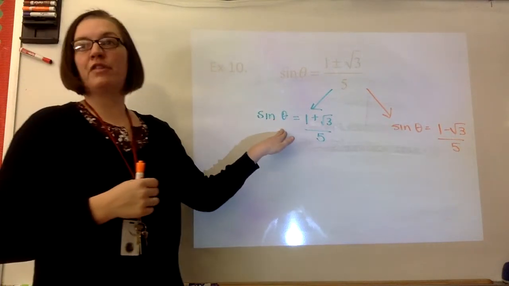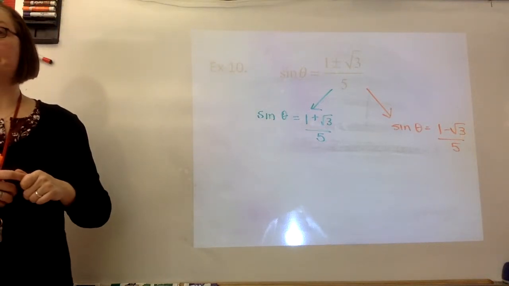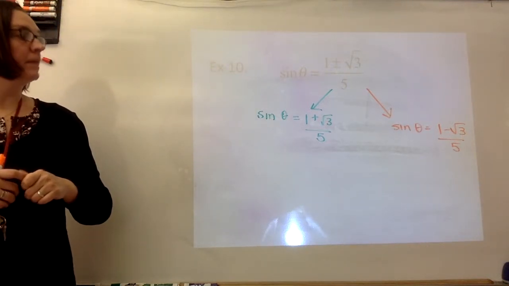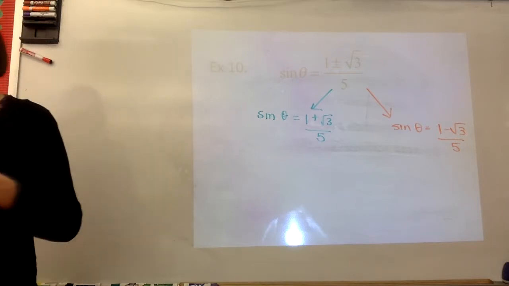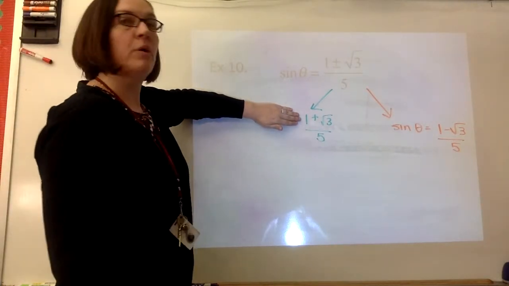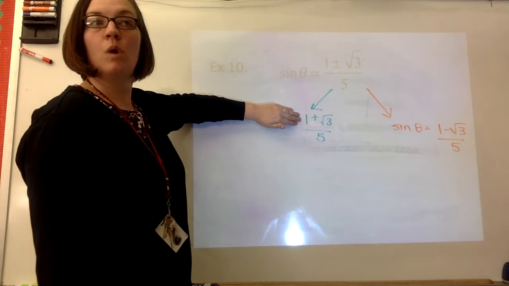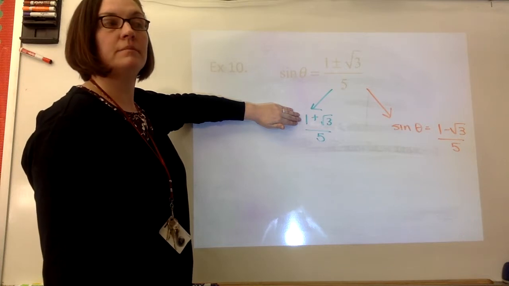How do we solve for theta using our calculator? And it involves sine. Inverse. So in your calculators, please take this out. We're going to do this together. You can take the best notes that you can so you don't forget to do this incorrectly. The way that I would do this problem with my calculator is I would put in 1 plus root 3 and hit enter.